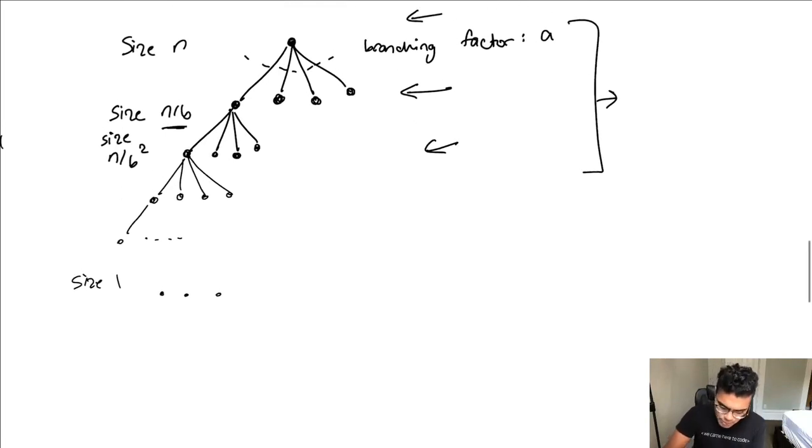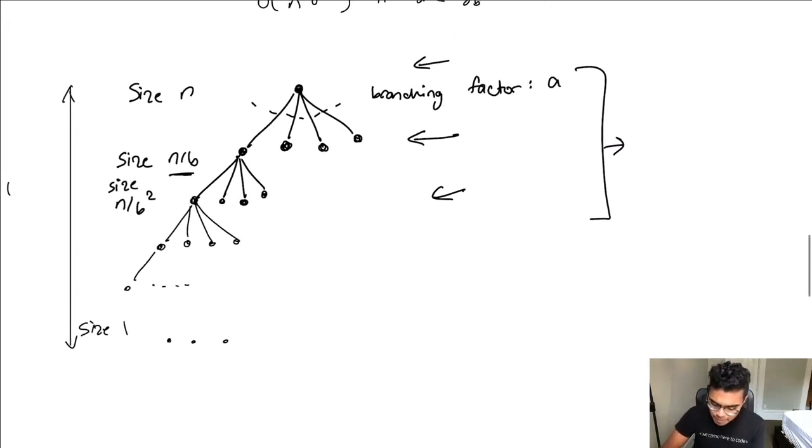And so the question becomes, what is the depth of this graph? The depth here is simply equal to, since you're dividing by b at every stage, you would get to 1 from n in log_b(n) steps or iterations. And so that's our depth. We also note that at every level, we are branching by a factor of a.